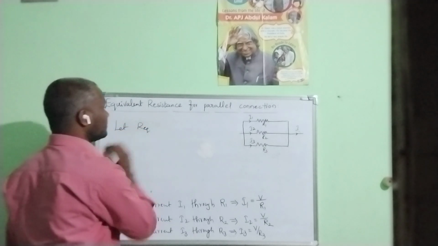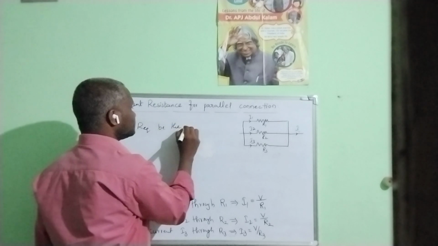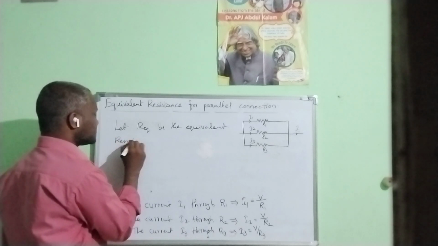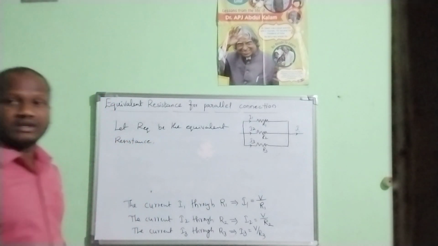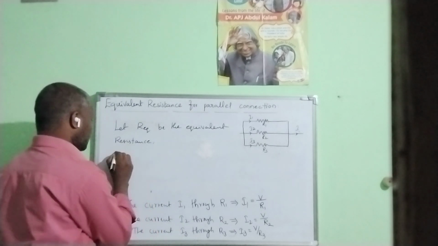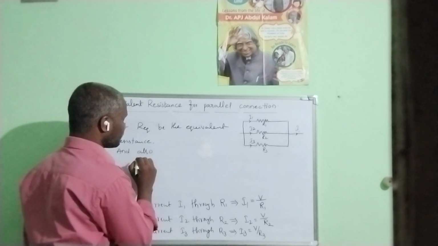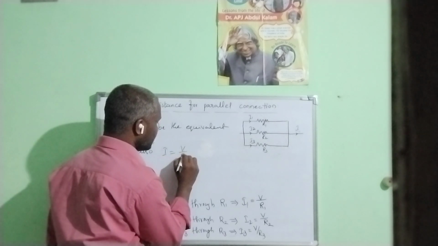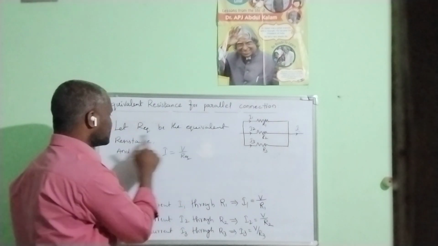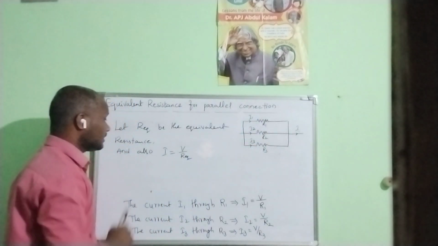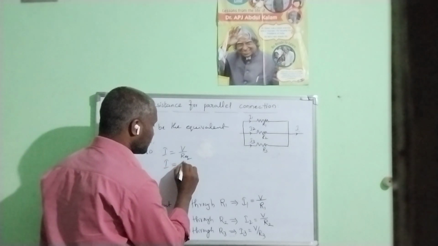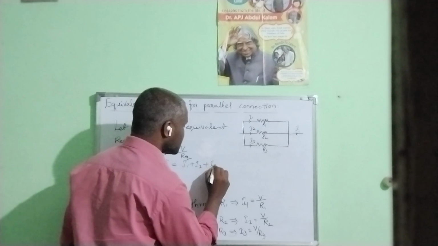Let R be the equivalent resistance of the resistors connected in parallel, and also I is equal to V by R equivalent, and we can consider I is equal to I1 plus I2 plus I3.